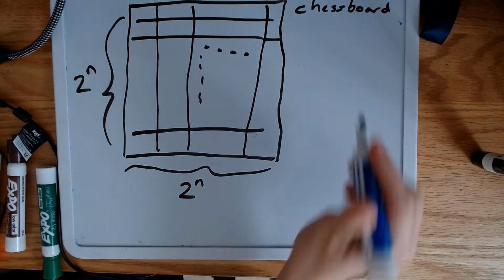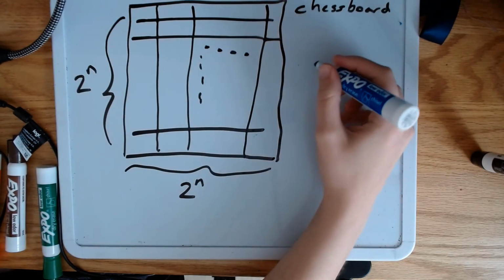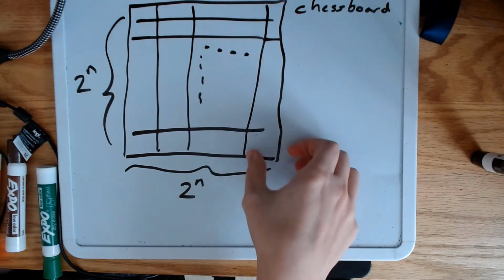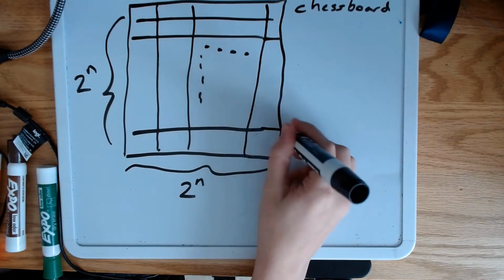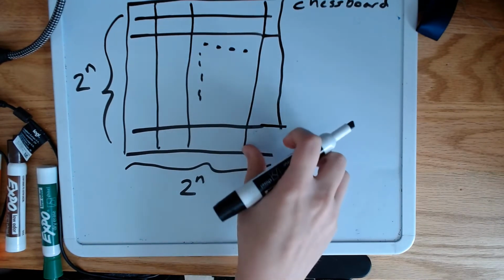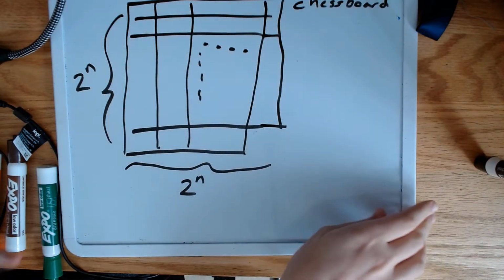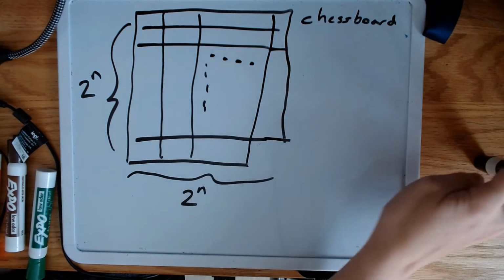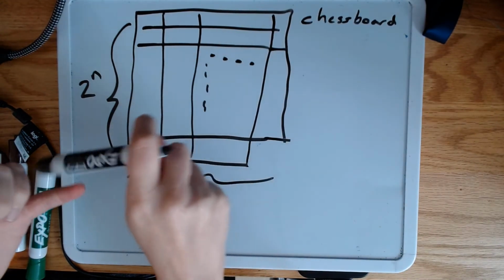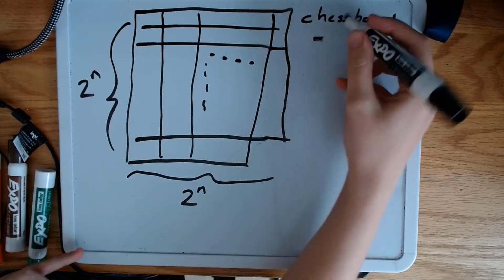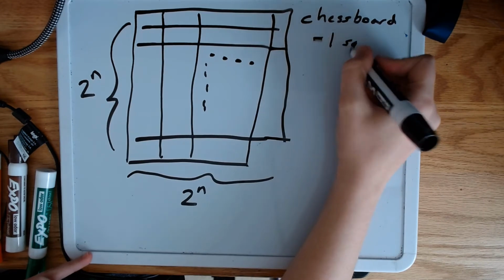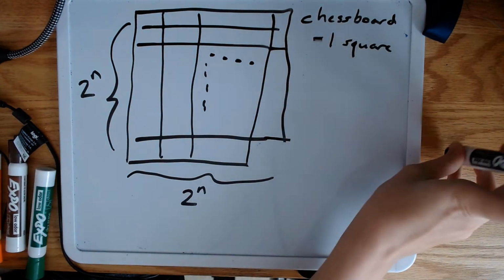What we want to do is actually remove one square. So I'll take this square at the bottom, say, but we could remove a square anywhere. So we have this chessboard without one square. So chessboard minus one square.